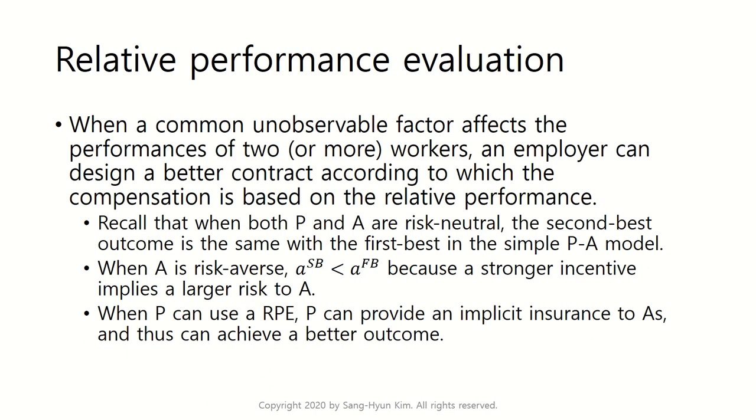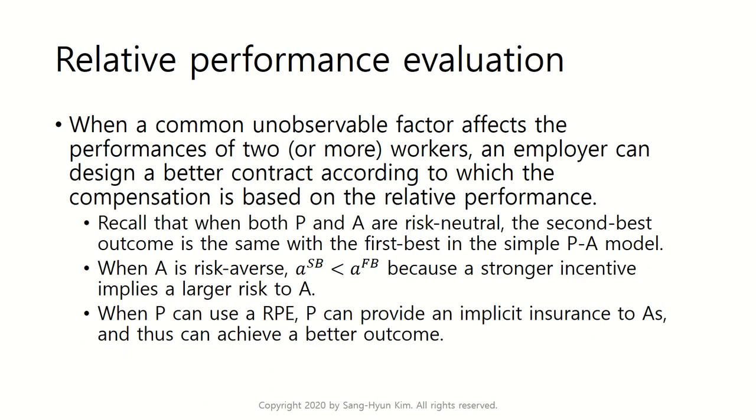The reason is this. Recall that when both the principal and the agent are risk neutral, the second best outcome is the same as the first best in the simple principal-agent model, but when the agent is risk averse, the second best effort is strictly smaller than the first best effort, because a stronger incentive implies a larger risk to the agent. So this is what we saw in the previous discussion, right?